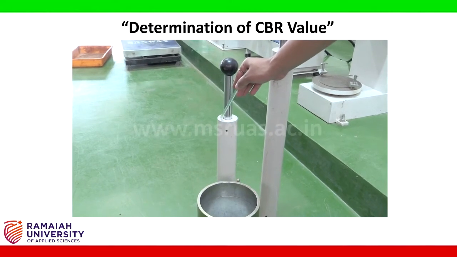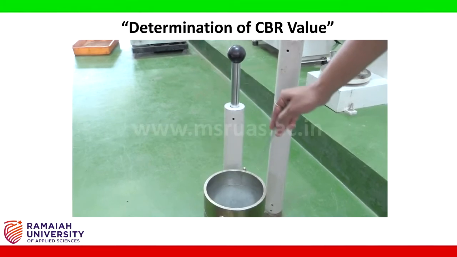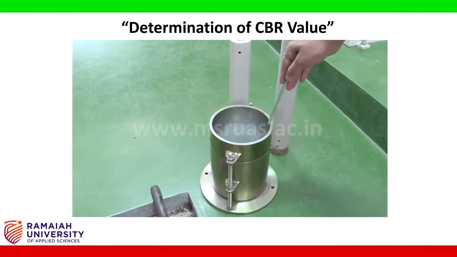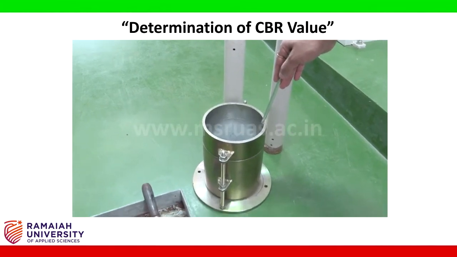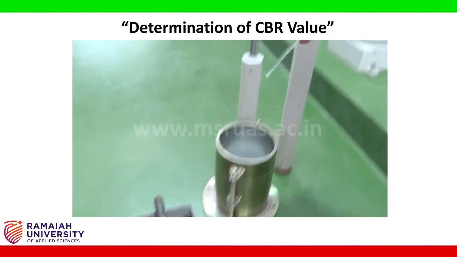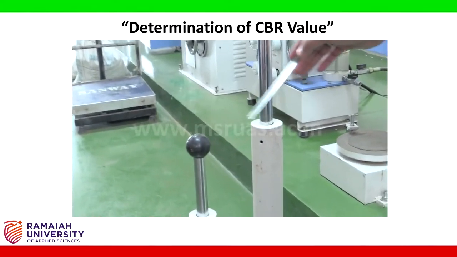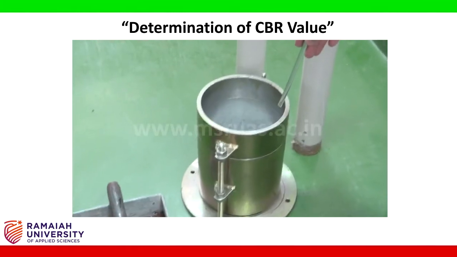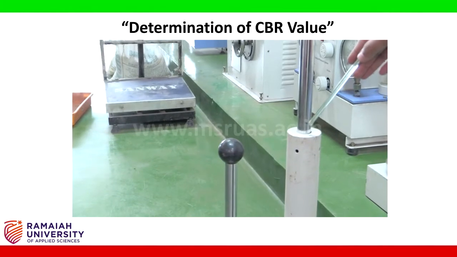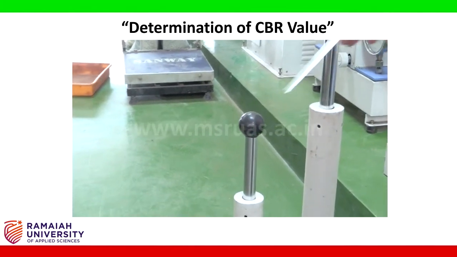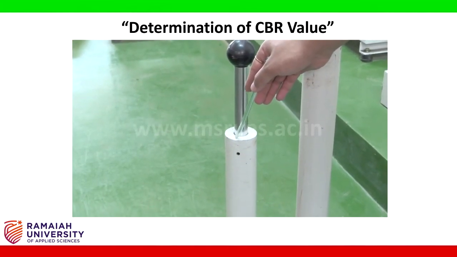In case we are using the light compaction rammer, then we need to cast the specimen in 3 different layers by giving 55 blows for each layer. And in case we are using the heavy rammer, then we need to have the specimen cast in 5 different layers with each layer compacted 55 times. So I am going to use the light compaction rammer for the process.